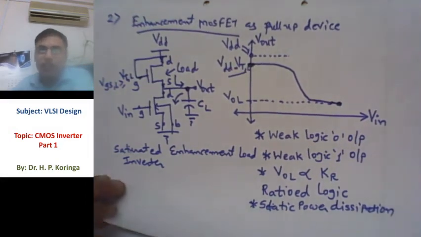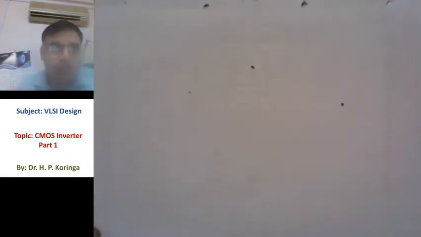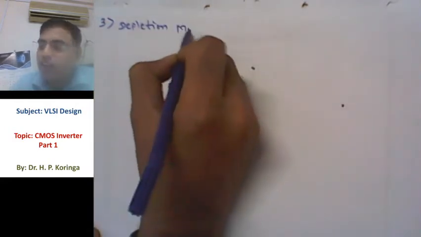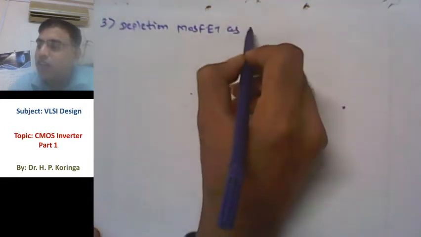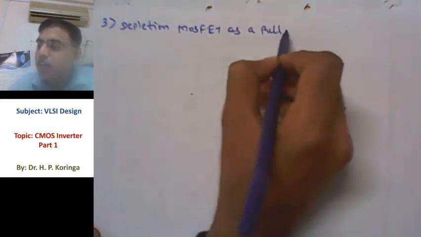Let me take, instead of enhancement, a depletion load as a pull-up device. So the third topology is a depletion MOSFET as a pull-up device.